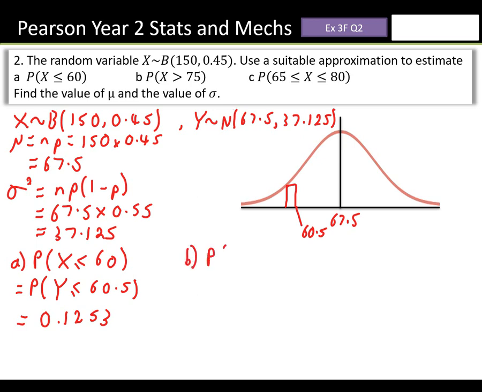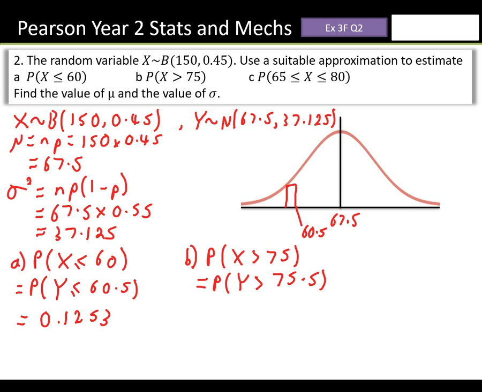Part B, we're asked for x greater than 75. Well, in our normal distribution, greater than 75, the first value that's going to come there is 75.5, because remember, when we're mapping from our discrete to our normal, in the discrete, when we're talking greater than 75, the first value there is the 76th value, and 76 goes from 75.5 all the way up.